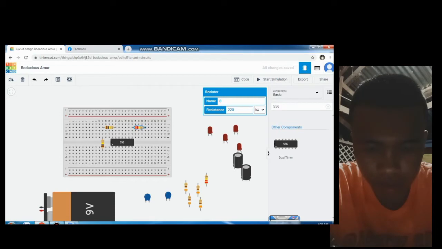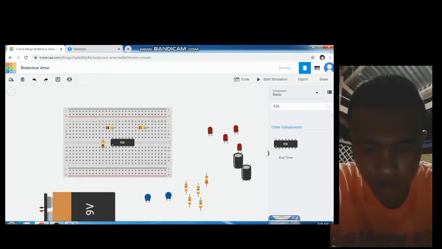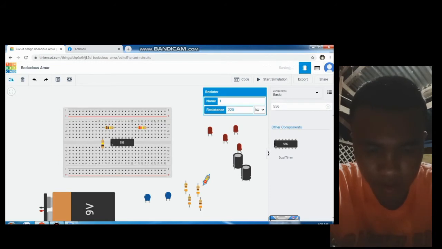And the 220 in the right side, and the other 220 in the left side.